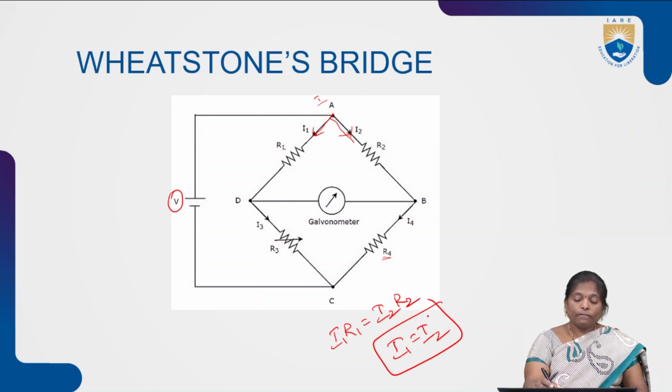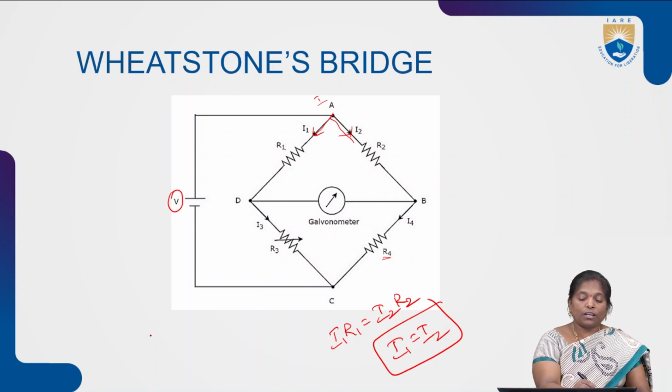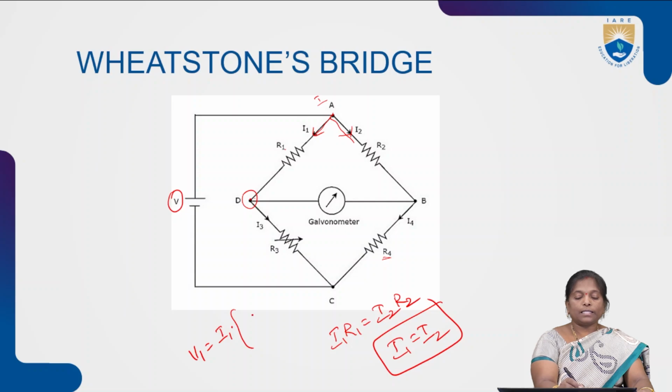Then, with this condition, we can represent the voltage or potential at the point D as V1 equal to I1 into the total resistance, that is R3 by R3 plus R1.